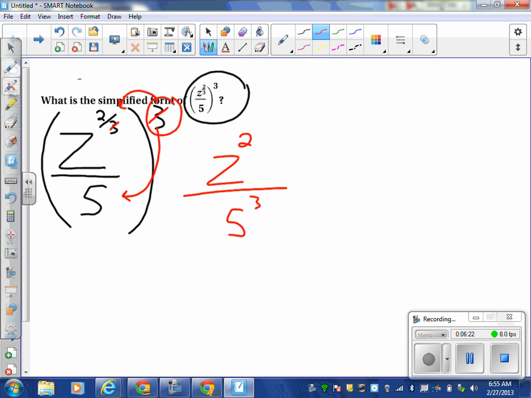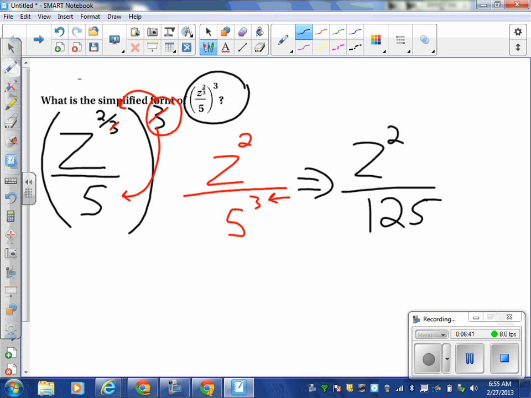I'm not quite finished yet because I need to finish up and solve what is 5 to the third power. So I would end up with z squared over 5 to the third power, which is 125. Again, how do we put that in our calculator? 5, then the power key, 3.